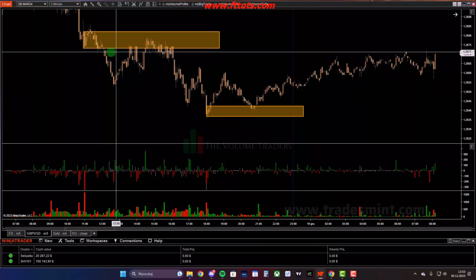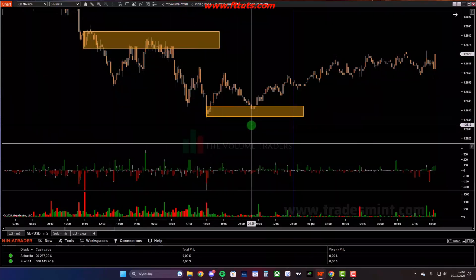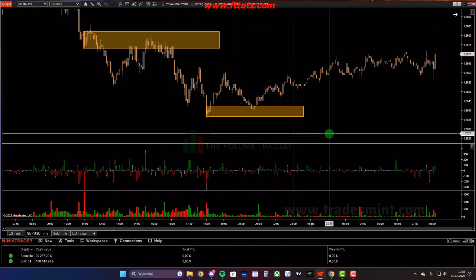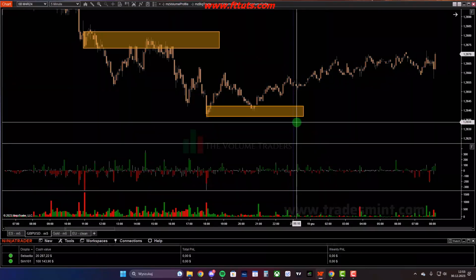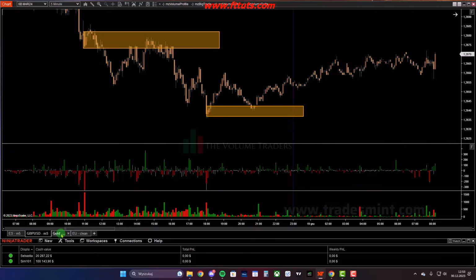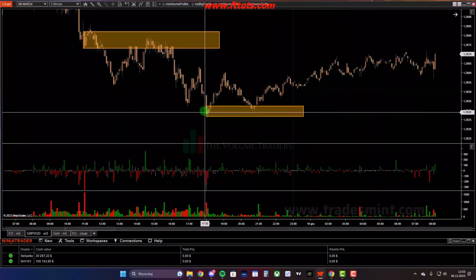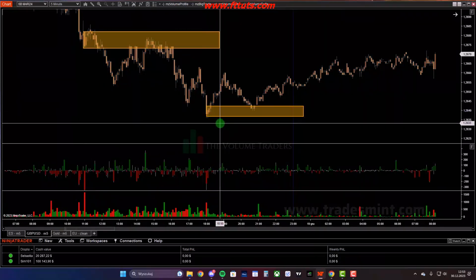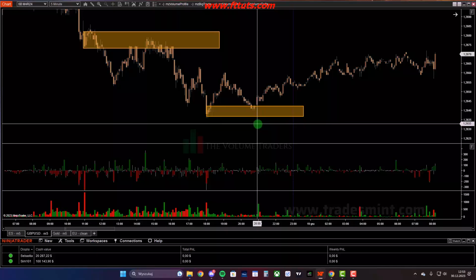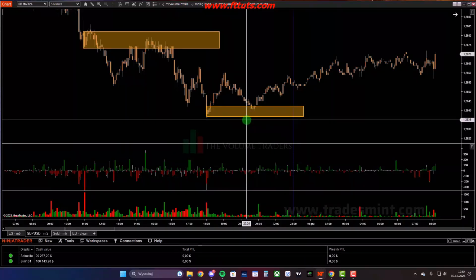So the volume zones and the delta zones are very important for me. If I see, for example, the main zones based on the volume profile, and then in the live market something is created inside these zones, it's a double confirmation that I see huge demand.